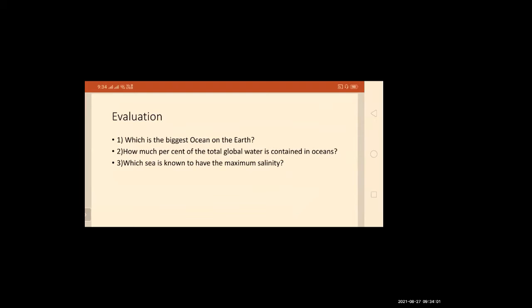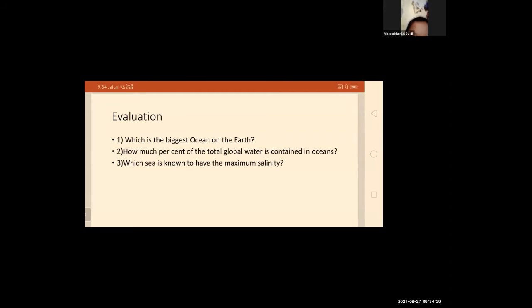How much percentage of the total global water is contained in the ocean? Second question is, how much percent of the total global water is contained in the ocean? Miss, 71%.